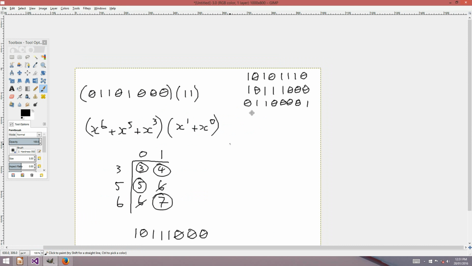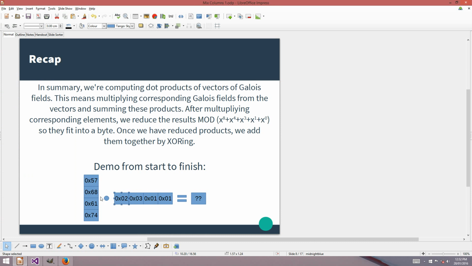So the answer to 7-4 in hex to binary is 0, 1, 1, 1, 0, 1, 0, 0. Okay, that's good. So what are these things? Well, these things are the 4 results of the products of our dot product. So all we've got to do now to finish the demonstration is add them all together.